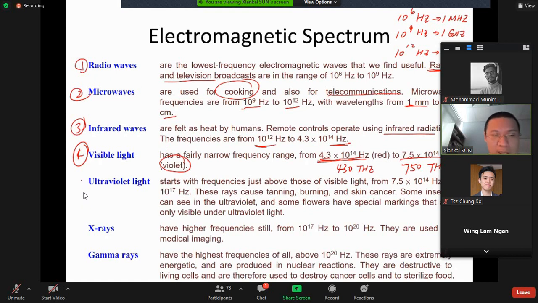All right, going to an even higher frequency than violet, that is ultraviolet. You can probably get the meaning from the prefix ultra. Ultra means beyond, higher and beyond. So ultraviolet light starts from frequencies just above those of visible light, from 750 terahertz to 10 to the 17th hertz.